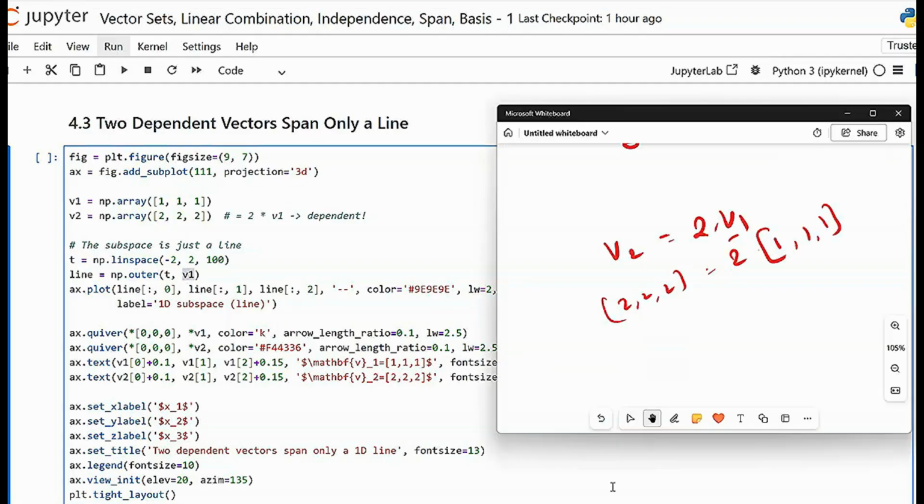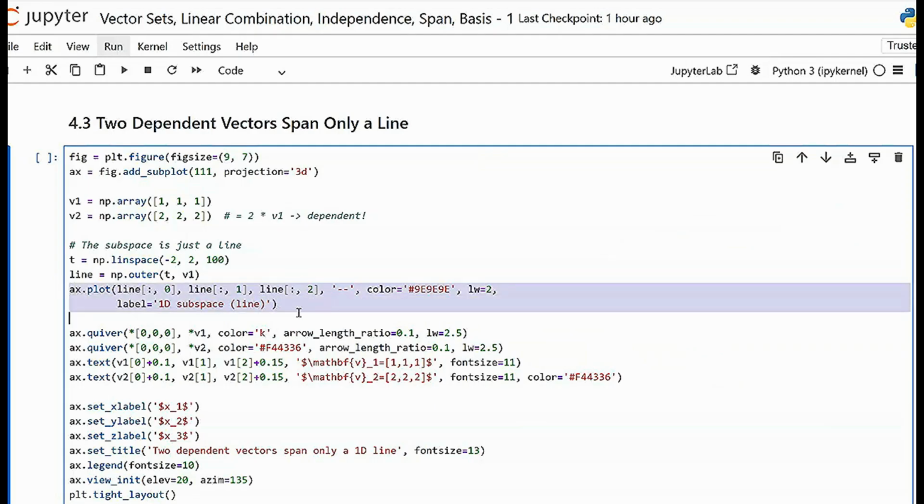That is the outer product, which shows lambda v1. This is the exact line, and it defines the entire span. Let me plot the output. That results in a line through the origin and represents the span.